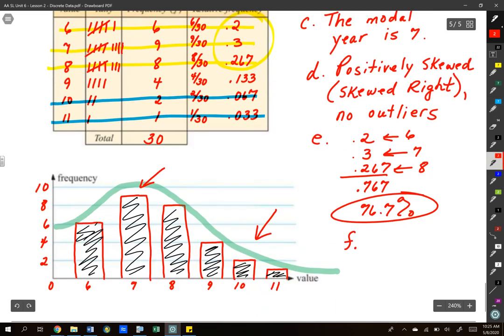So for letter F, 0.067 is the relative frequency of the value of 10, and 0.033 is the relative frequency for the value of 11. If we add those together, we get 0.100, which is 10%.